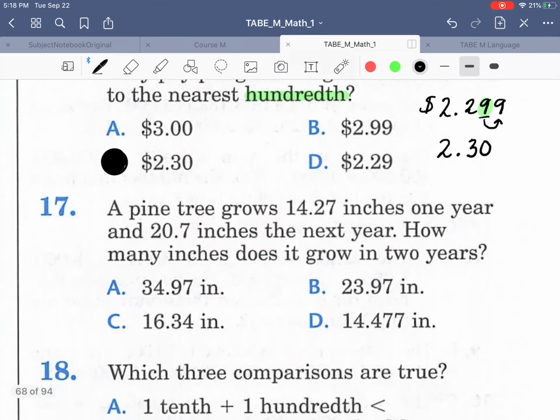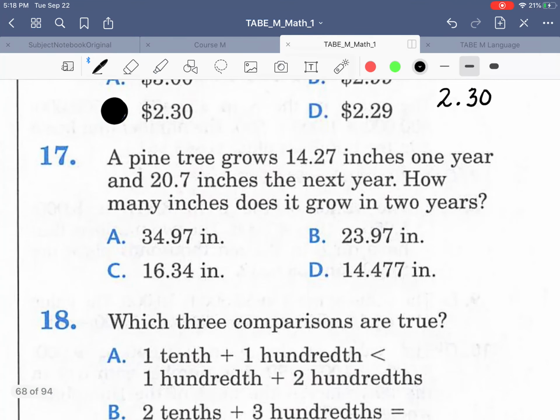Number 17. A pine tree grows 14.27 inches one year and 20.7 inches the next year. How many inches does it grow in 2 years?